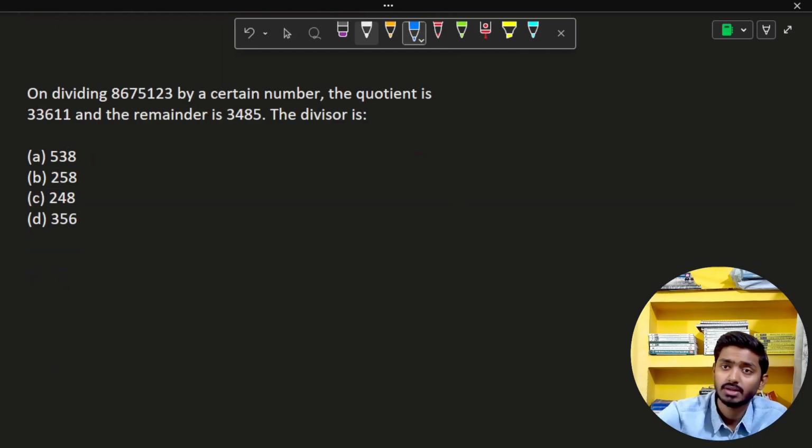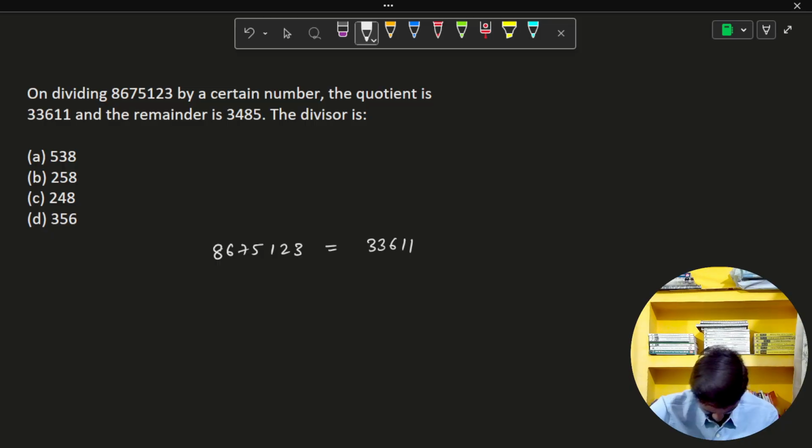Pause the video, try to solve this and come back. Question states, on dividing 8675123, the quotient is 33611 and the remainder is 3485.